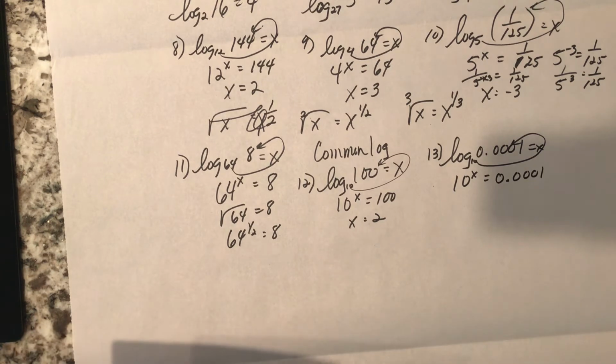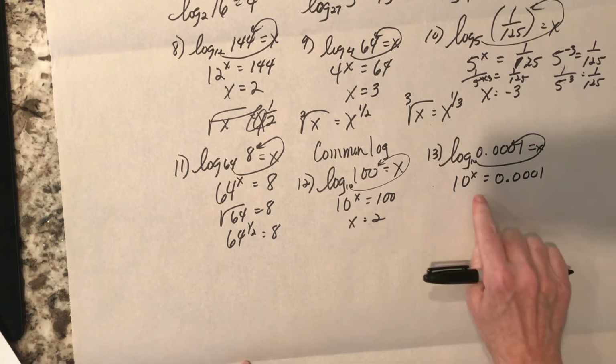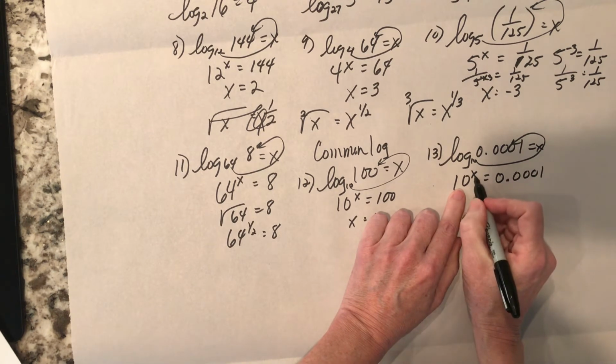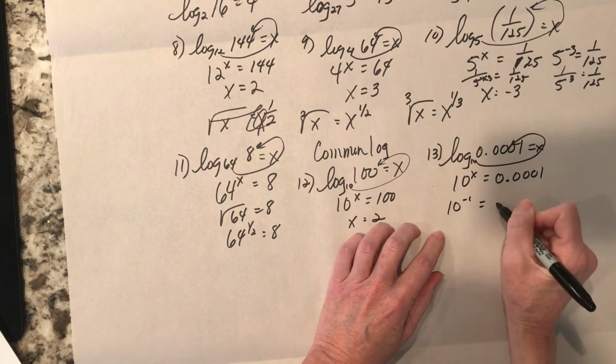What you may not know, but you're about to learn, is that if you raise 10 to the first power, you'll get 10. If you raise it to the negative 1, 10 to the negative 1 equals 1/10.